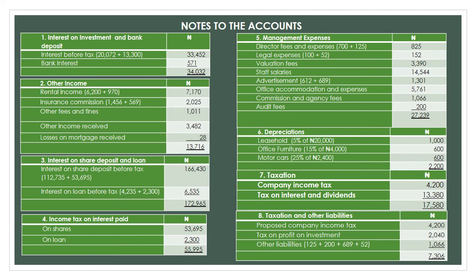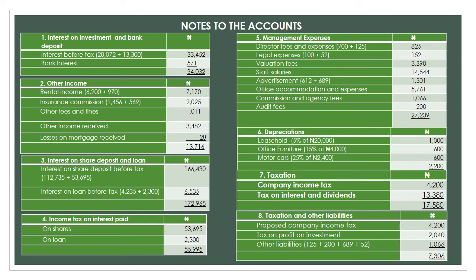So the next one is taxation and other liabilities. This is a proposed company income tax for 2, tax on profits on investment 2,040 naira. Then you have other liabilities. The liabilities are as a result of all the expenses. Go to note 5, order the expenses, management expenses.